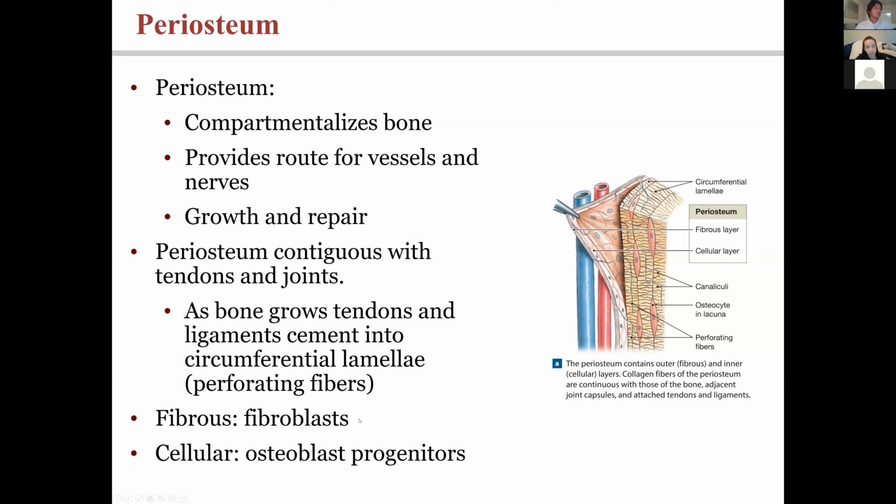The fibrous layer will contain fibroblasts. As in any connective tissue, the fibroblast is going to be the one that makes the fibers, right? And collagen is a fiber. And the cellular layer will contain these osteoprogenitors.